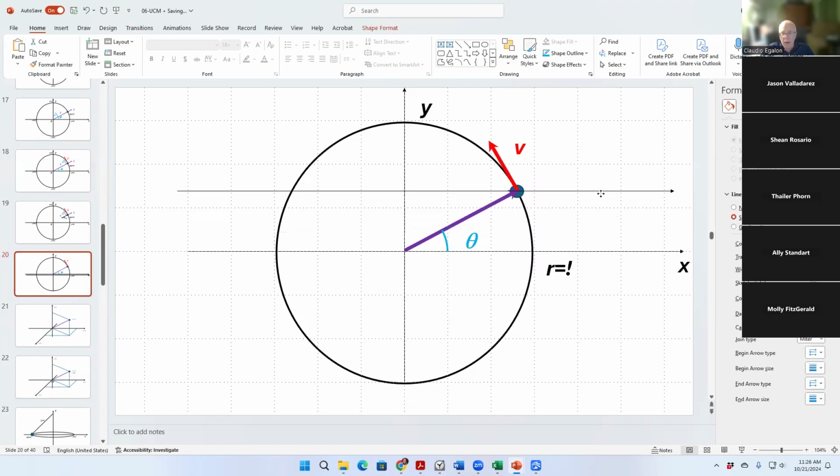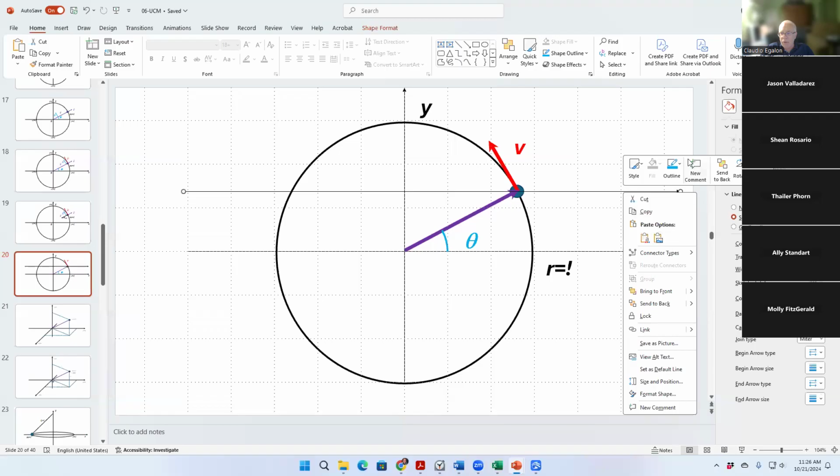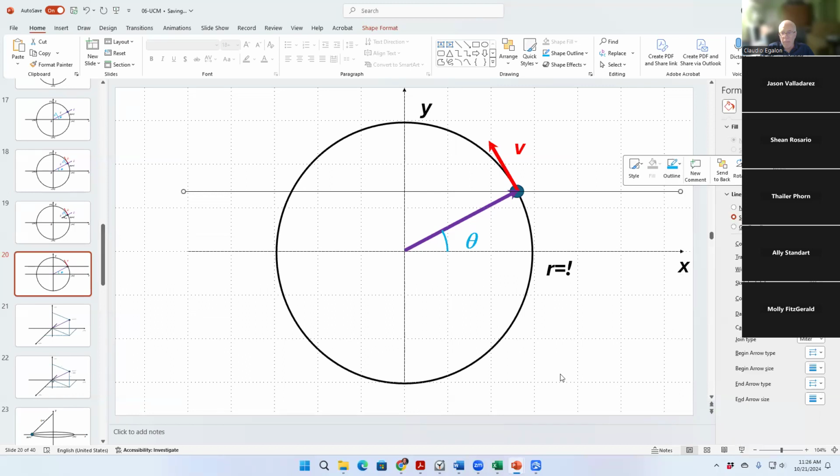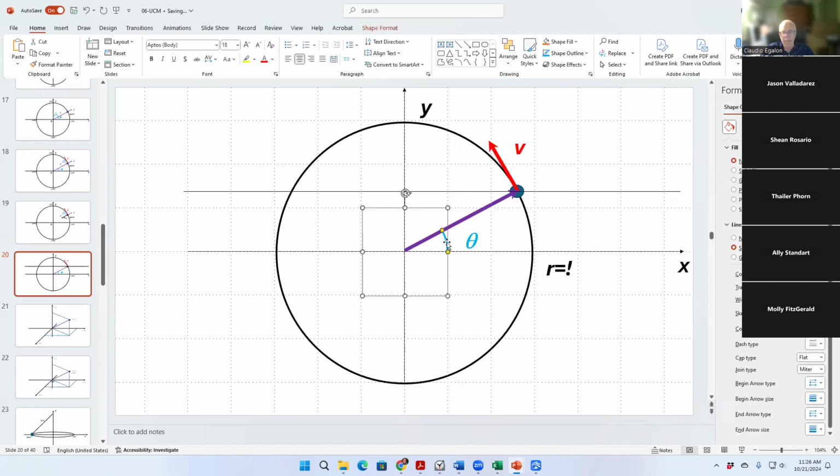I'm going to draw a horizontal line here so you can situate yourselves. There's a reason. This angle here is theta. Consequently, this angle here must be theta as well, right?